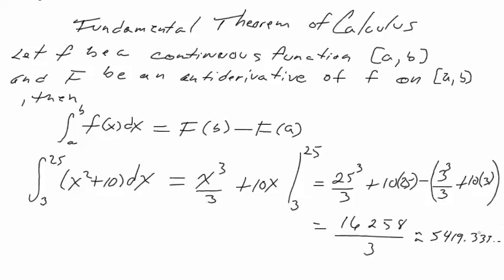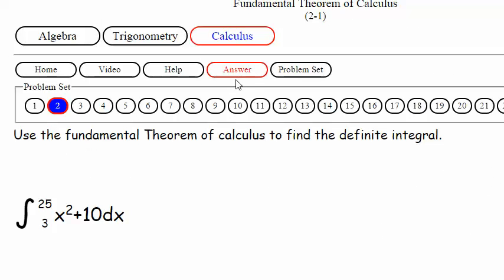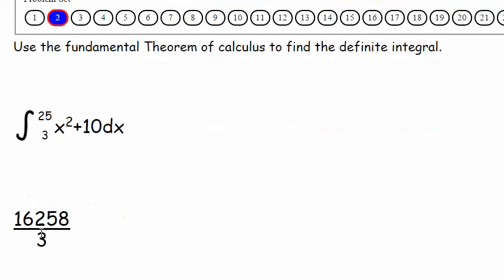I should put a bar over this 3 here, I guess. Anyway, that's the answer right there.